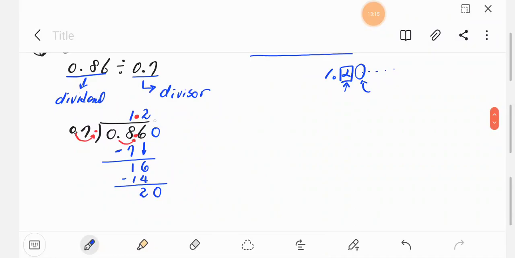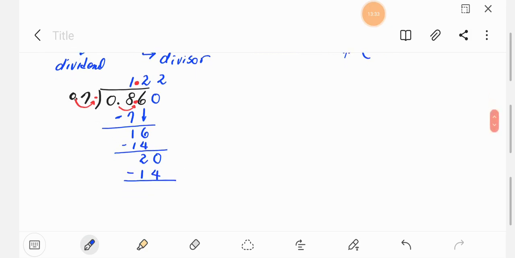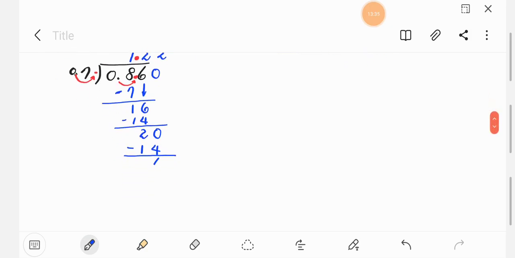So we need to find one more digit. 20 divided by 7, how many can you get in? 2, right? 3 is 21, which is too much. So 7 times 2 is 14. And then subtract. That will be 6.